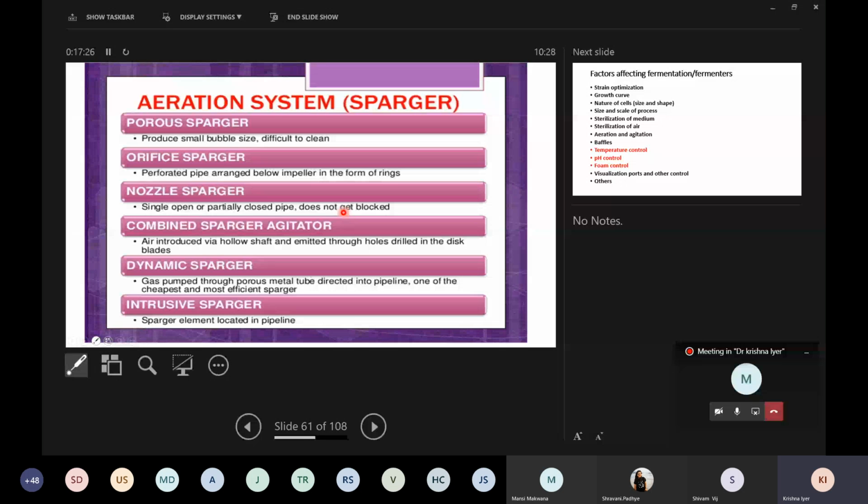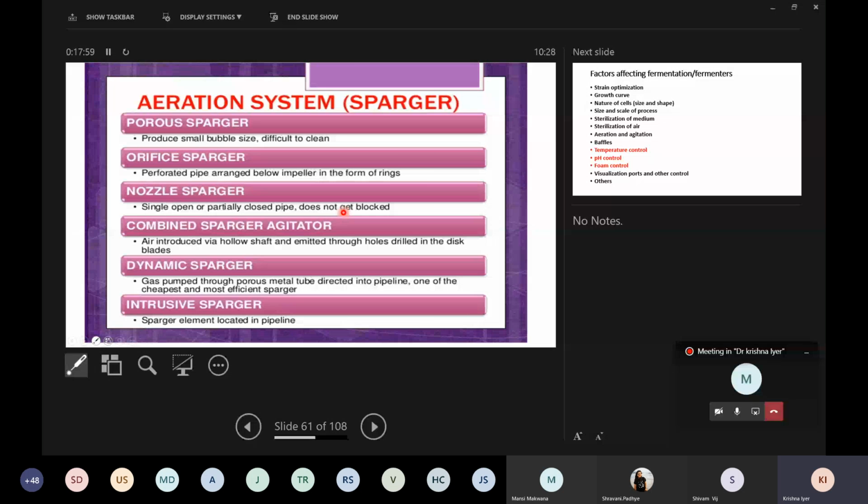The second thing you try to do is make sure that the air bubble spends as much time as possible in the medium before it escapes from the surface, which gives more time for the oxygen in the air to be taken up by the liquid. Generally, when we design the sparger, we have to combine it with how agitation is occurring.